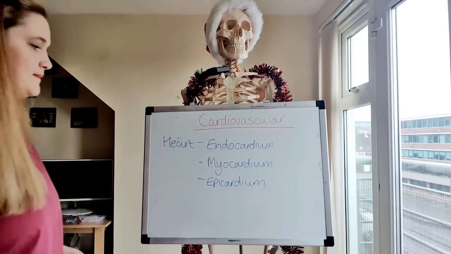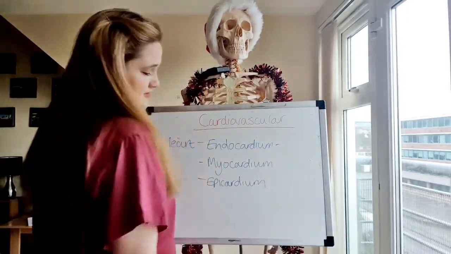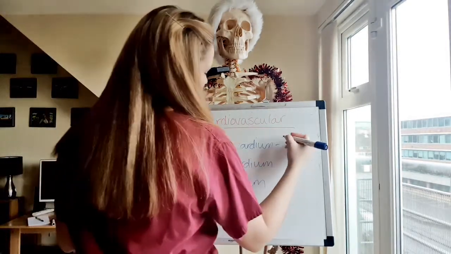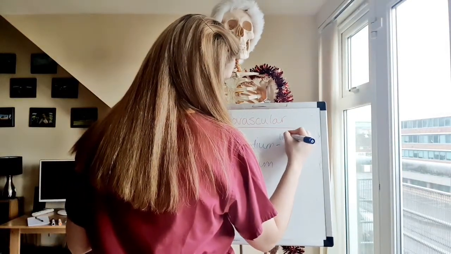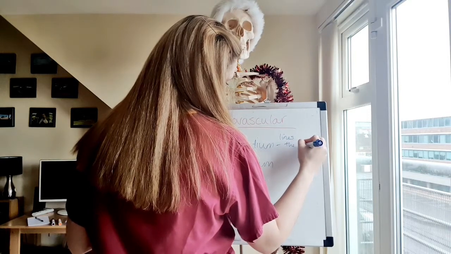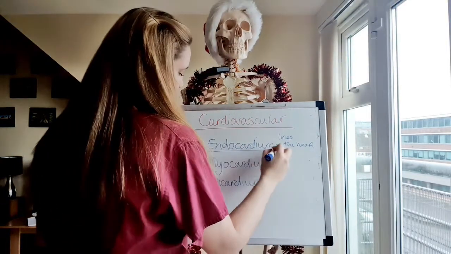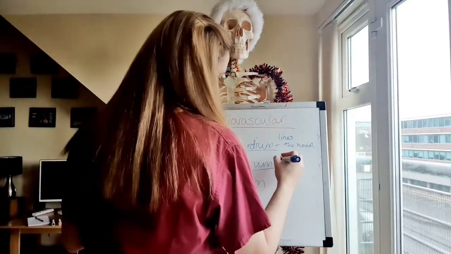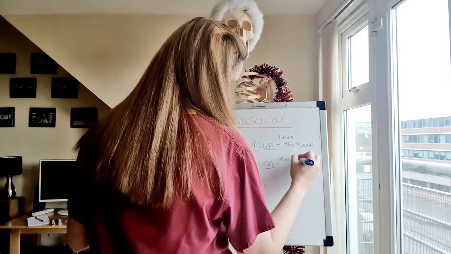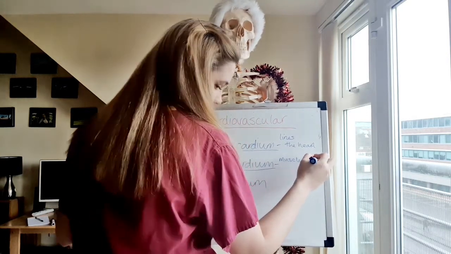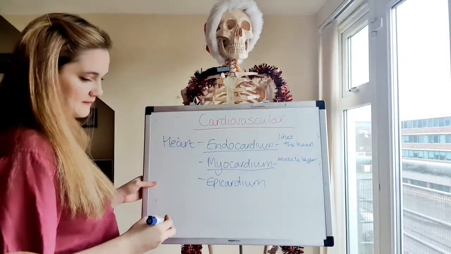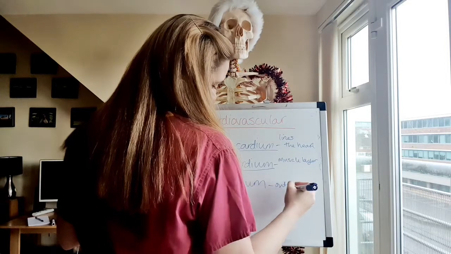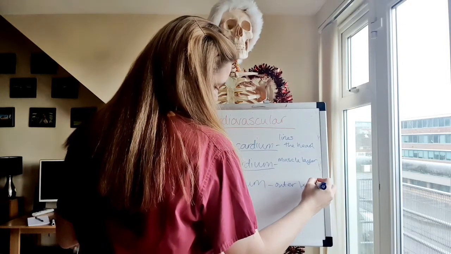The endocardium is epithelial tissue, and we all know from our last lesson that epithelial tissue lines things, so it lines cavities. So this lines the heart. The myocardium is the muscular layer, and the epicardium is the outer layer, and that's connective tissue.